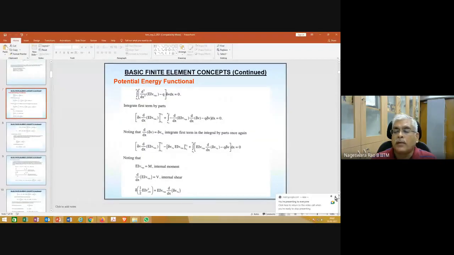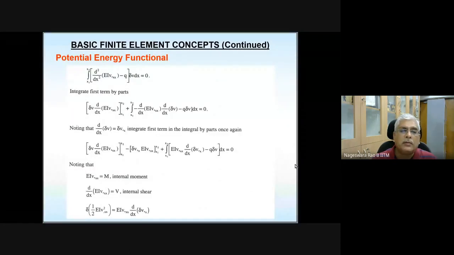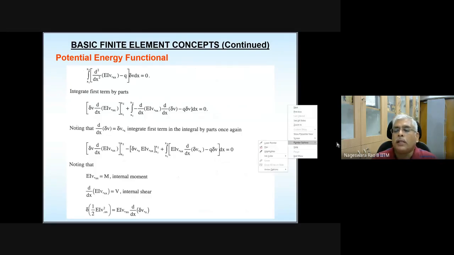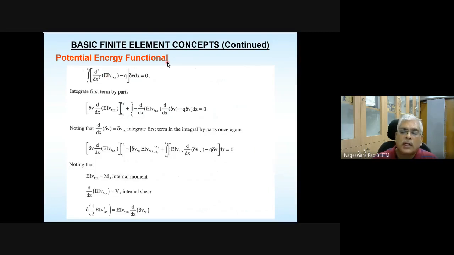So this is what we covered yesterday. After getting the governing differential equation for the beam, we adopted the variational approach and tried to get the potential energy functional. We noted this functional for two cases: when essential boundary conditions are specified at both ends, and when natural boundary conditions are specified at both ends.